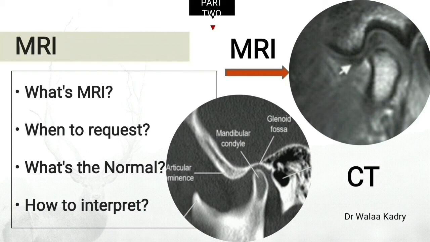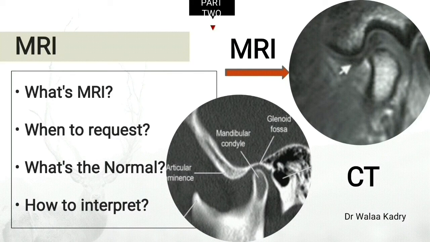If you are a beginner in image interpretation, you should know that osseous structures of the TMJ like articular eminence, glenoid fossa, and condyle will appear radiopaque on the CT and the vice versa on magnetic resonance image due to the low water content in these bony structures.